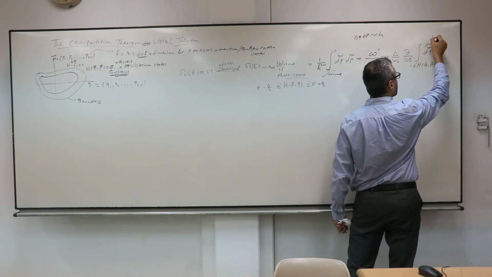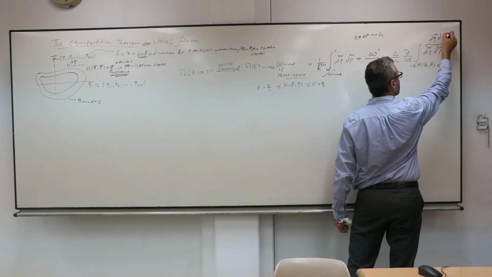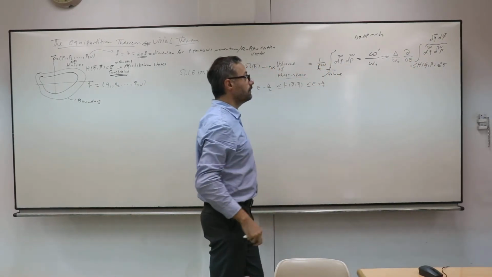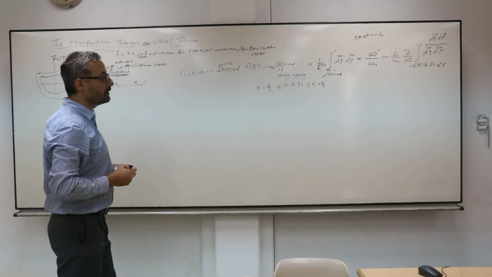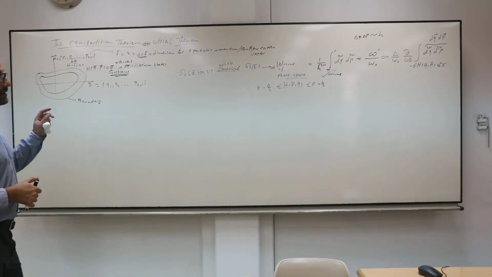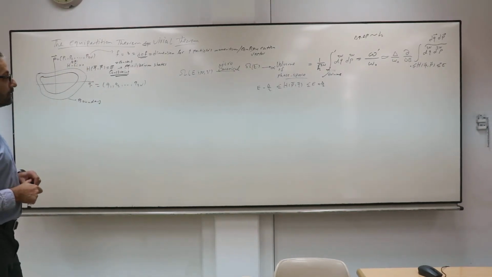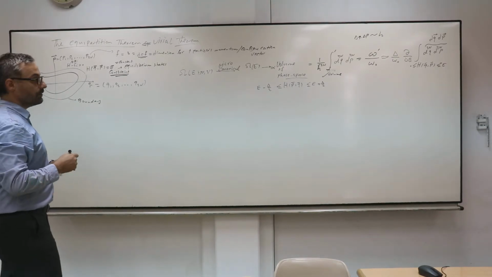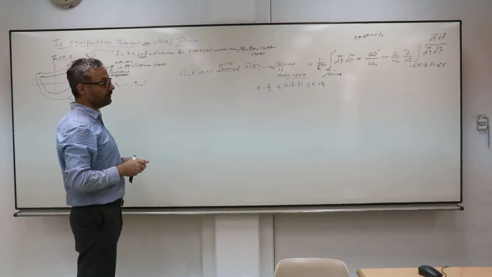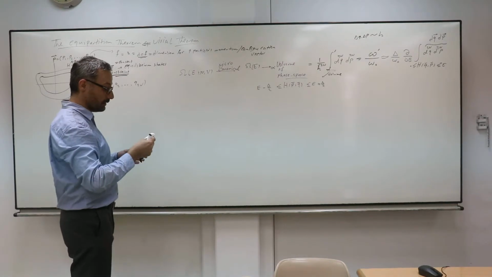Or very generally you can write even dq dp and not mention the dimension of the space. So this is the old one. Actually, I taught that before. Now, this is for microcanonical. For canonical, in the next chapter we will talk about the canonical.